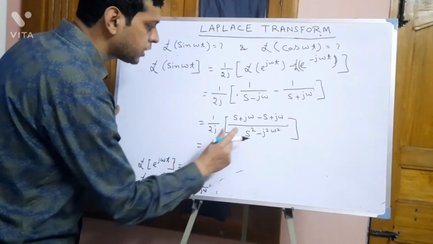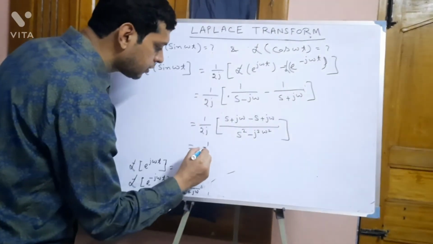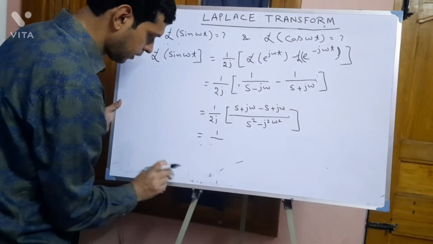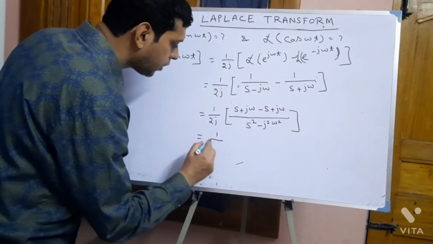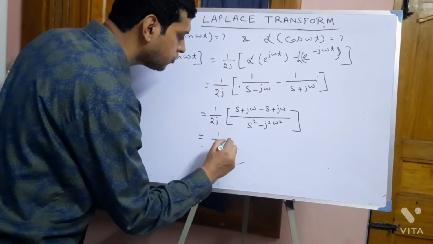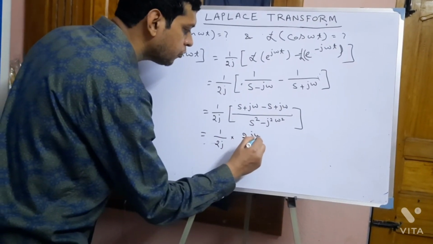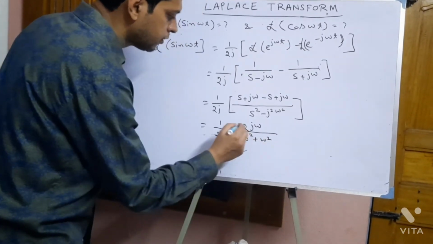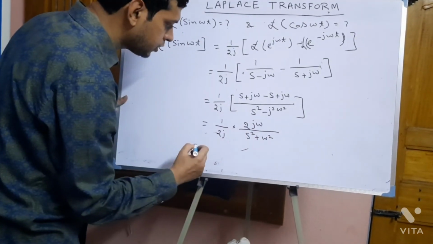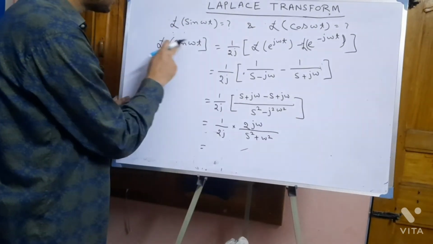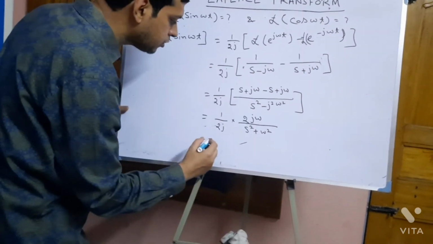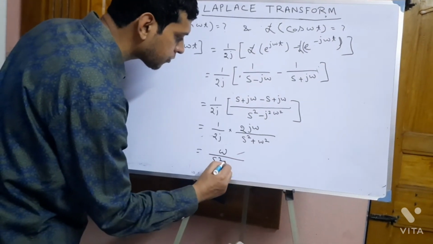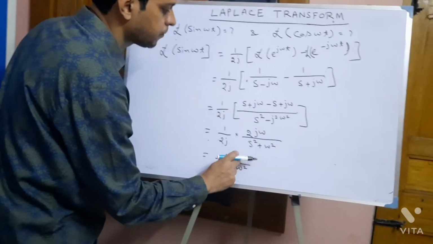So we know that j square equals minus 1, so this is equal to 1 by 2j into 2j omega by s square plus omega square. So 2j and 2j will cancel out each other. So the Laplace transform of sin omega t is equal to omega by s square plus omega square.